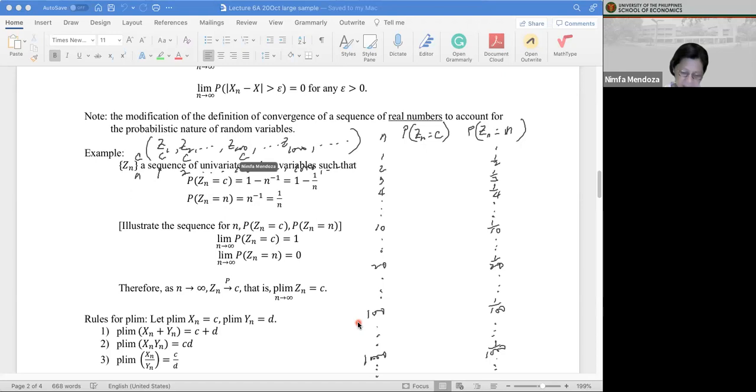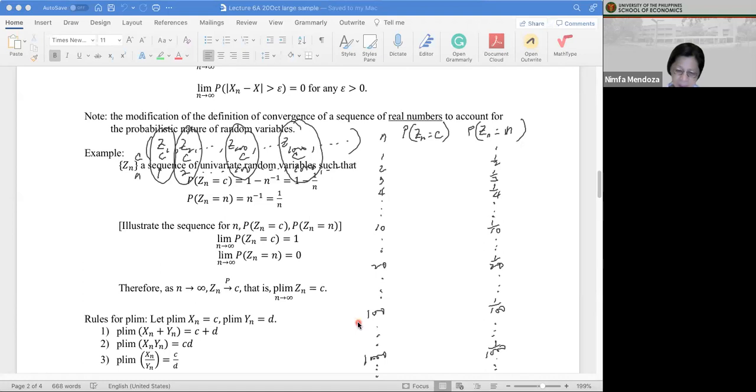So C sub 1 can be C or 1, C sub 2 can be C or 2, C sub 100 can be C or 100, C sub 1000 can be C or 1000.